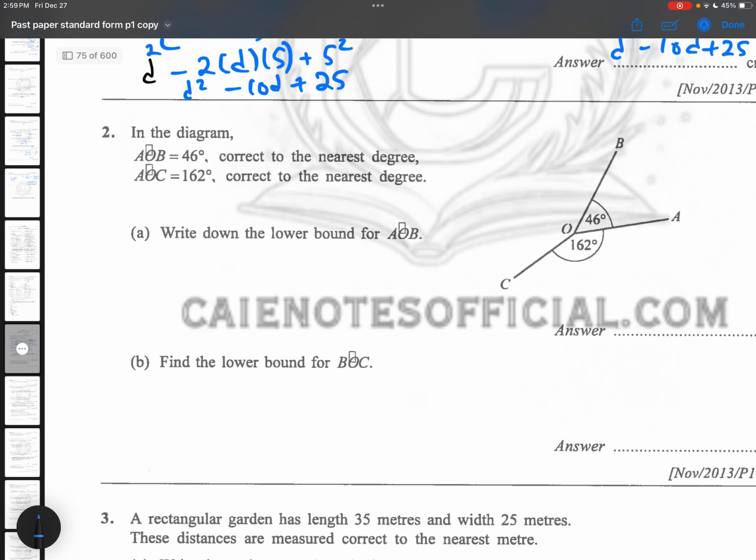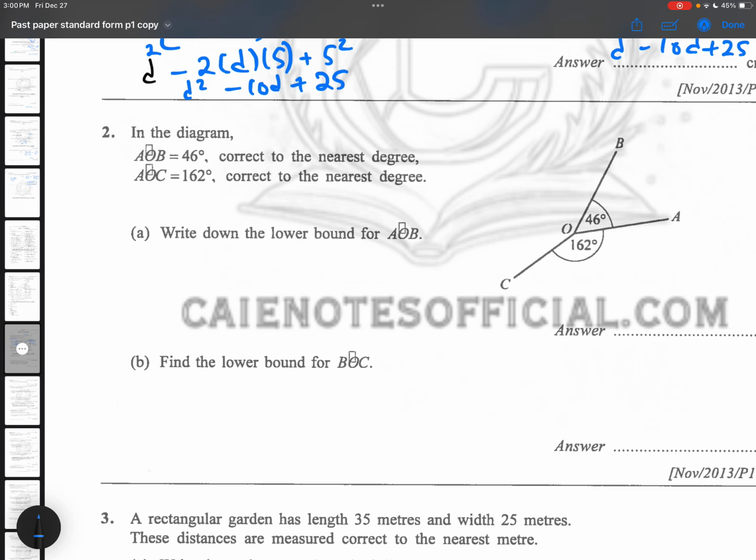Question number 2 says, in the diagram, angle AOB is equal to 46 degrees correct to the nearest degree, and AOC is equal to 162 degrees correct to the nearest degree. I need to find the lower bound for AOB.